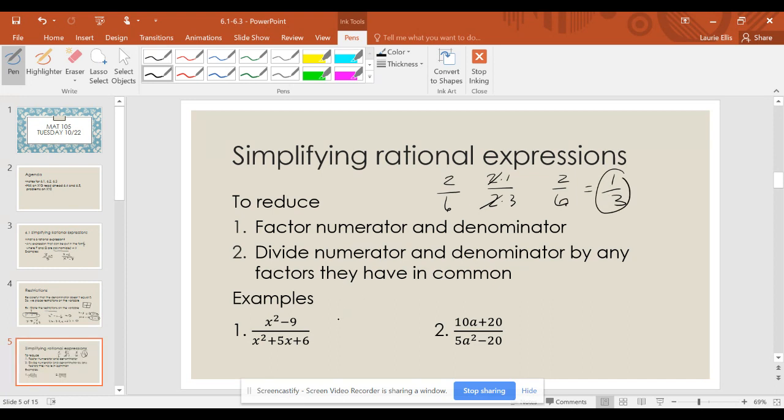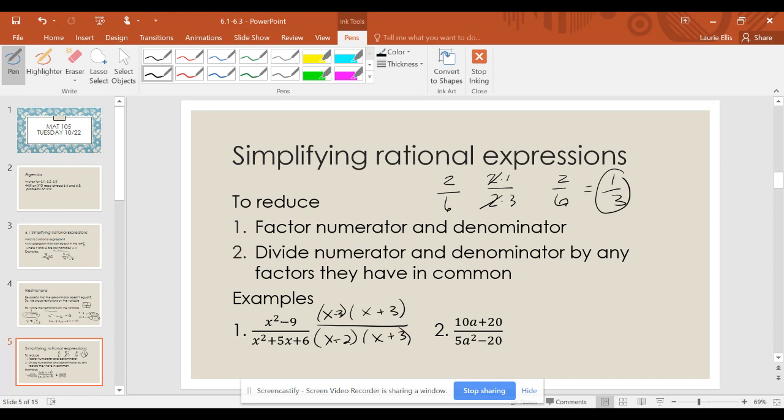It's the same idea in a rational expression. I would factor the numerator, right? We know this from the last chapter that it is the difference of 2 squares. So I know that my numerator is x minus 3 times x plus 3. My denominator, it's almost what we just looked at, is x plus 2 times x plus 3, excuse me.